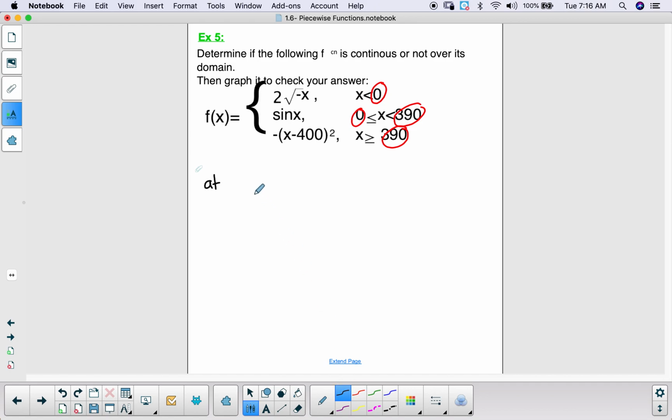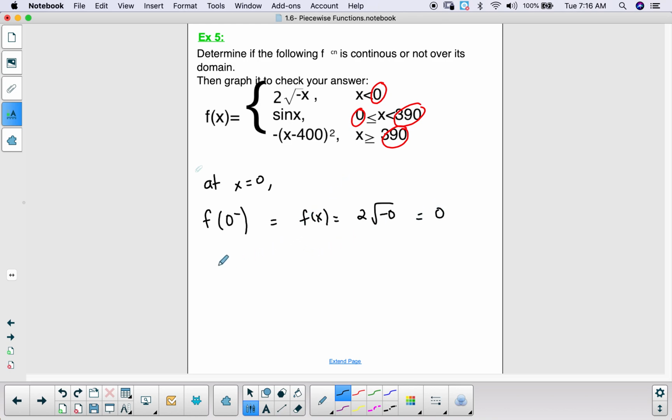So at x equals 0, let's take values of x that are less than 0. So let's show it as f of 0 minus. What's the function's value for values of x less than 0? f of x would take on 2 times square root of -0. 0 is neither positive nor negative, so it's 2 times 0, which is 0.